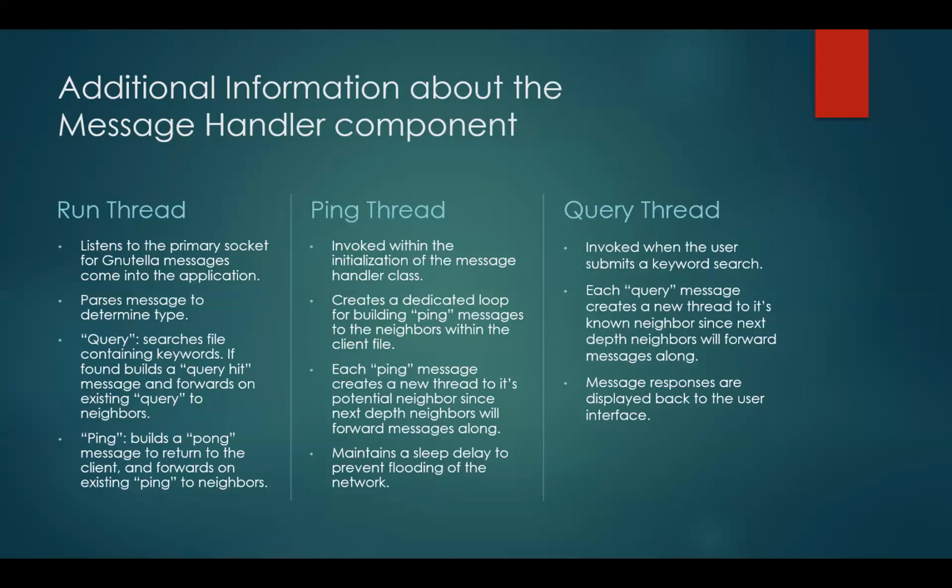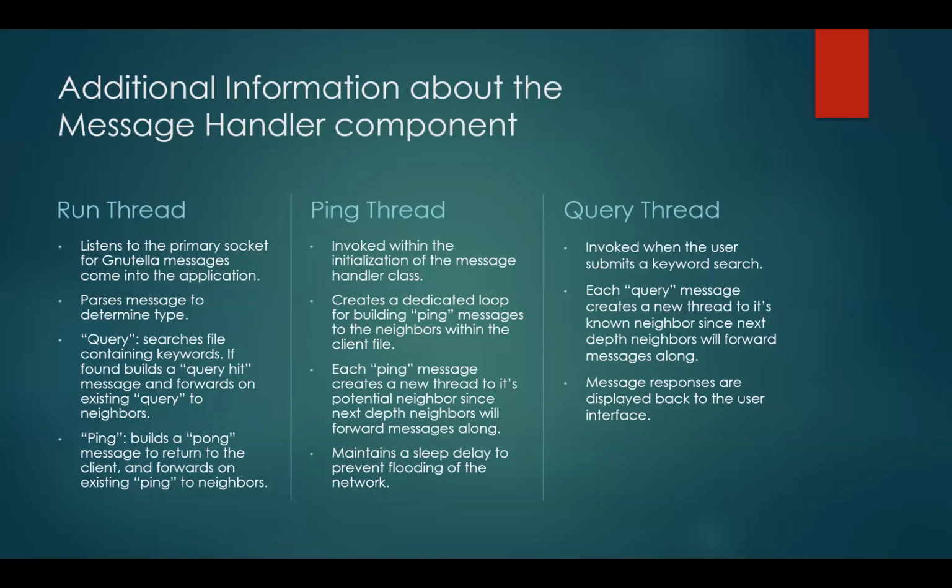Looking back to the ping thread managed by the message handler component, this would be a thread separate from the run and query threads and only focus on establishing associations to other Gnutella clients on the network. It would first take its list of known neighbors and build ping messages based on the Gnutella message protocol.